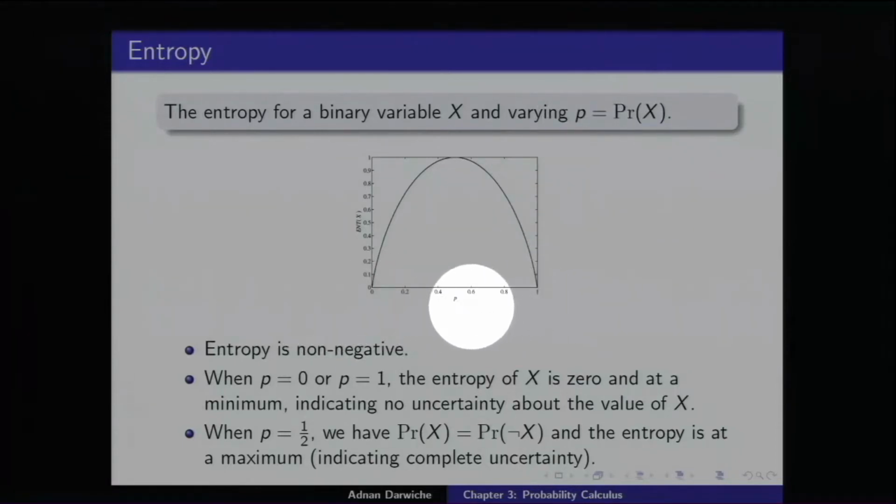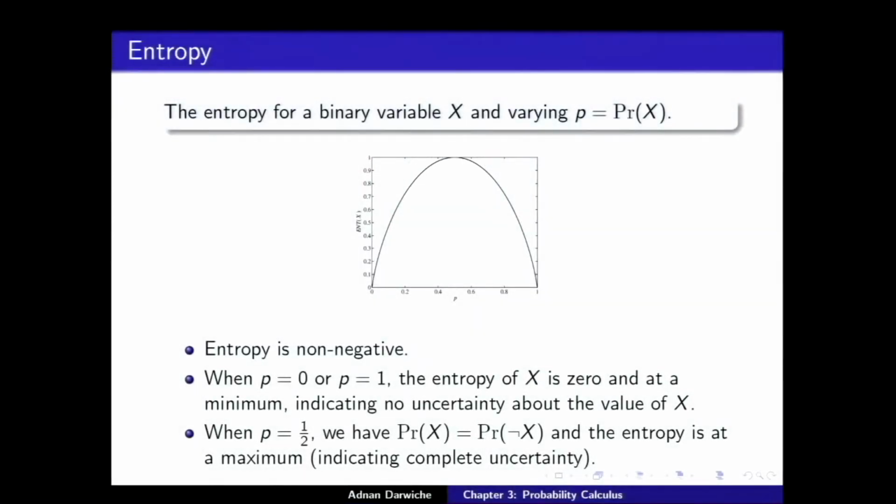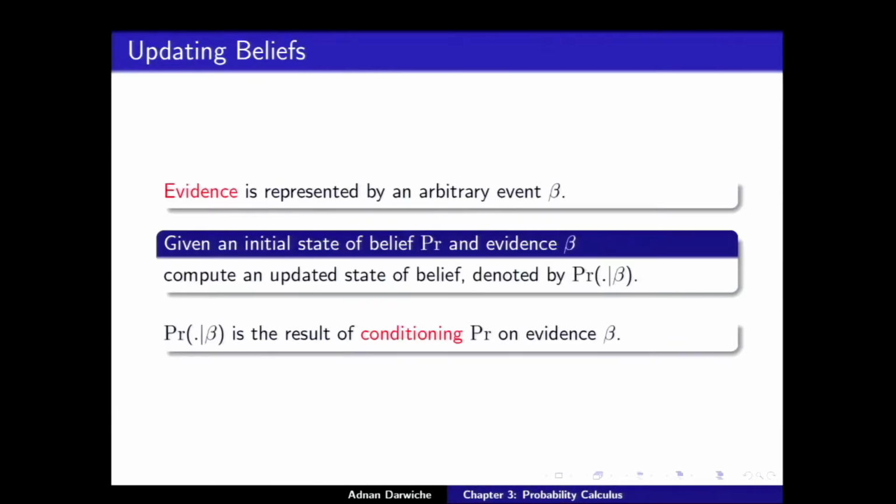So as you can expect, at the extremes, 0 and 1, where we're completely certain, entropy is 0, and it gets to its peak when we're 50-50, right? That's basically entropy.